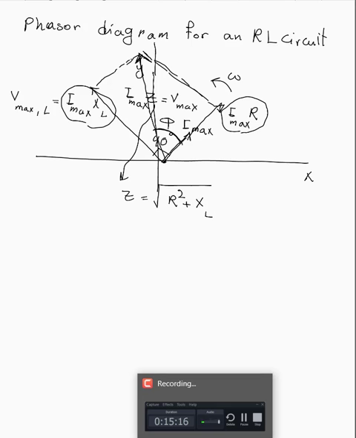That is fairly obvious from this picture, because this is the vector summation of the Imax R and Imax XL vectors. Now this brings us to the end of this section.